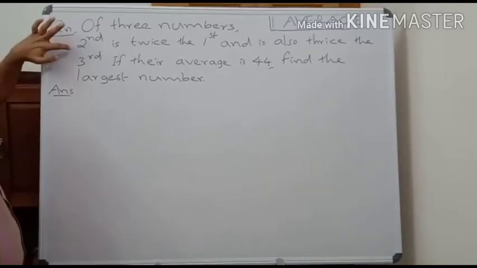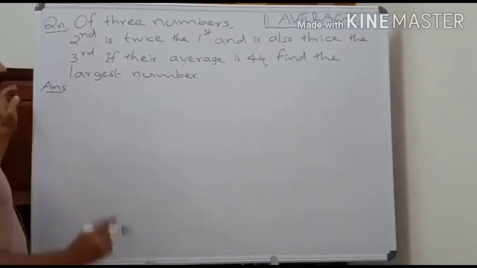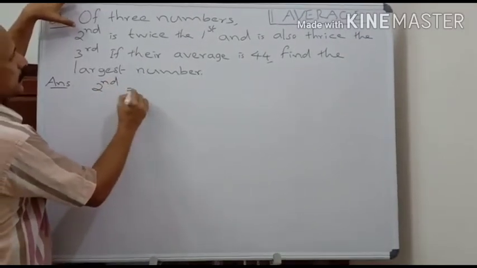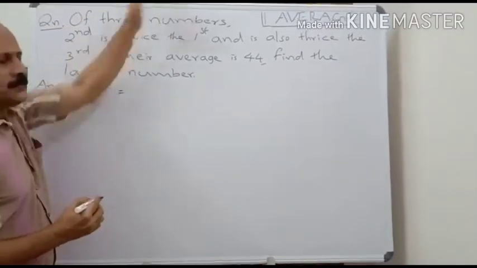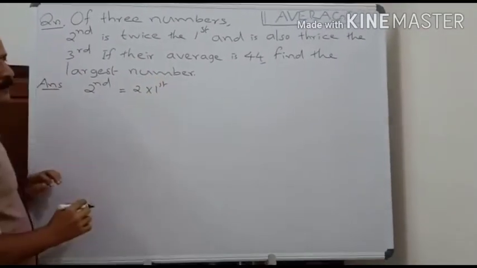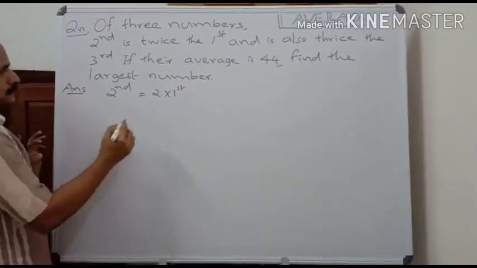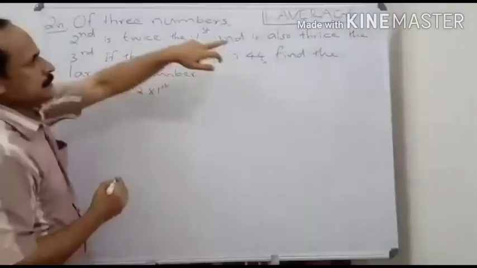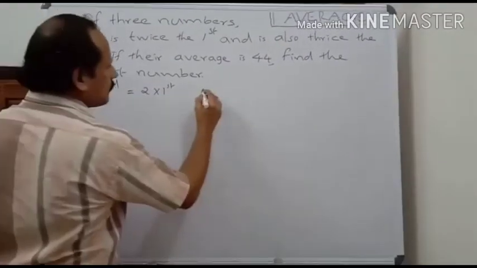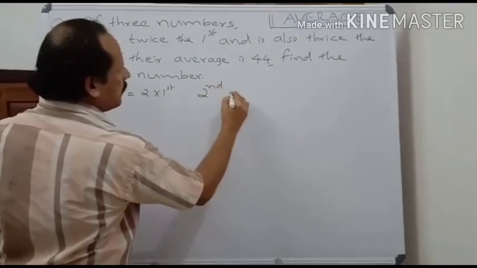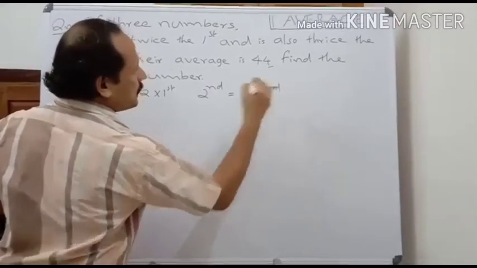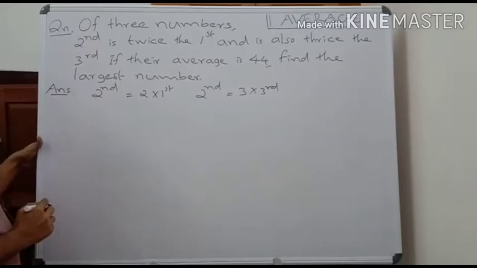Here let us take the relation: second number equals twice the first. That means 2 into the first number. Again, the second is also thrice the third. Therefore, second number equals 3 into the third number.